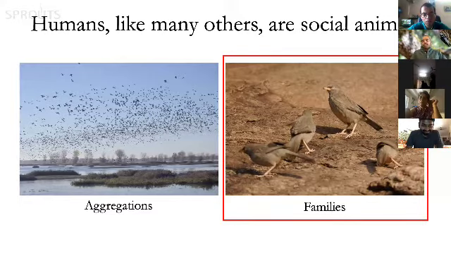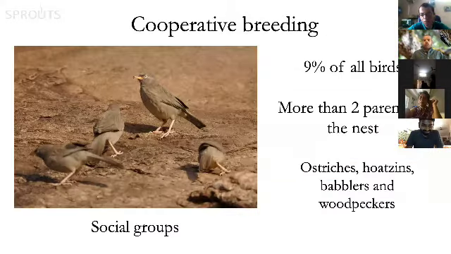So let's talk about how family living birds live. Family living is also what is called cooperative breeding. That's the scientific term for it. Cooperative breeding is seen in about 9% of all birds. So 9% of the 10,000 or 11,000 species of birds there are live in a family group.